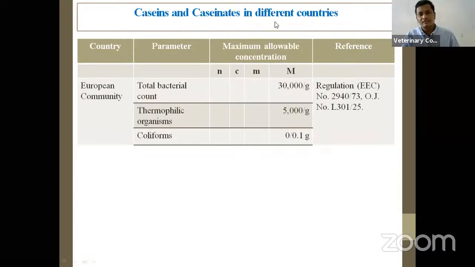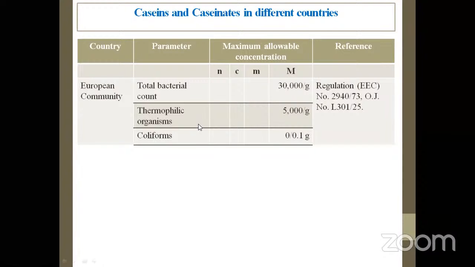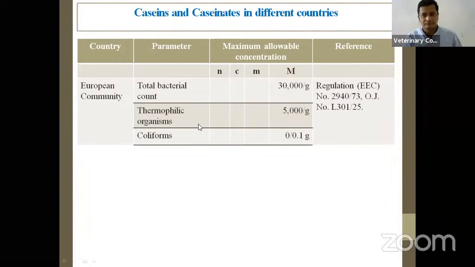For casein and caseinate products, in the European Community, they go for total bacterial count, thermophilic count, and coliform count, just like the ICMSF worldwide idea of what we talked about just now. So the count should be less than 30,000.